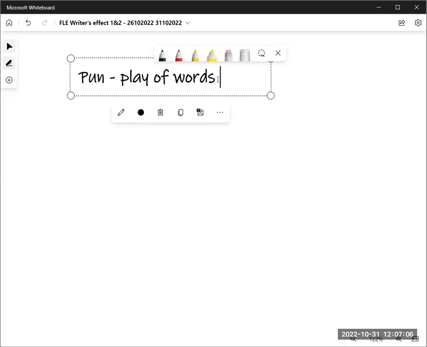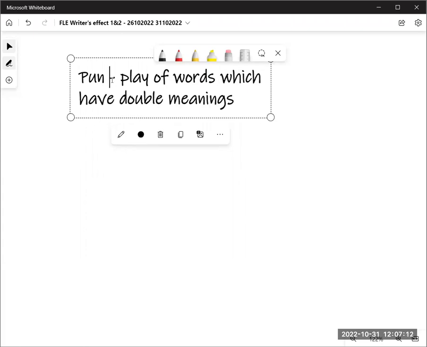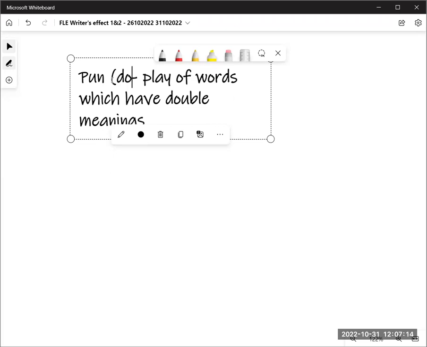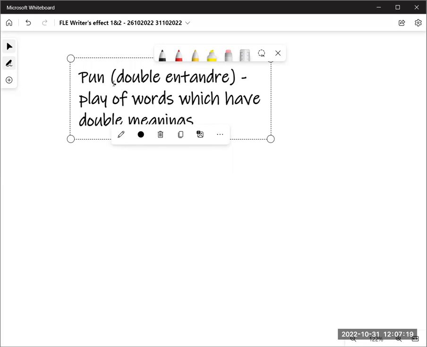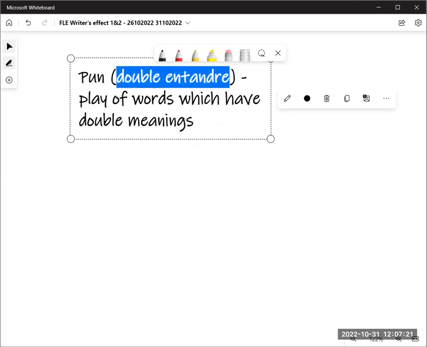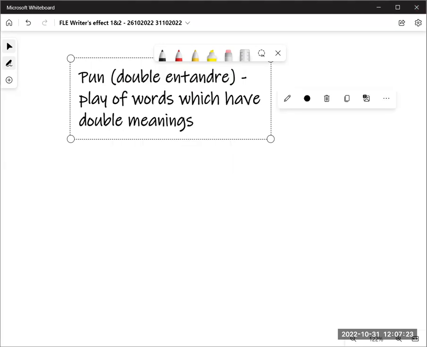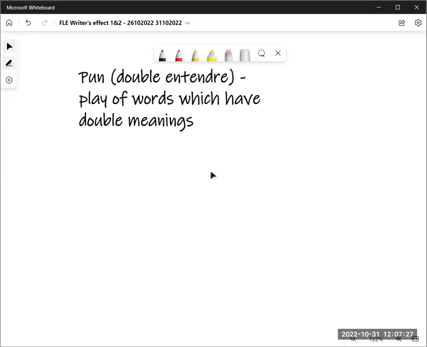Play of words which have double meanings. Now we can also say this word, which is called double entendre. That's the other word for this. But they've made it simple now. Before, this is what they used to call it. Double entendre.